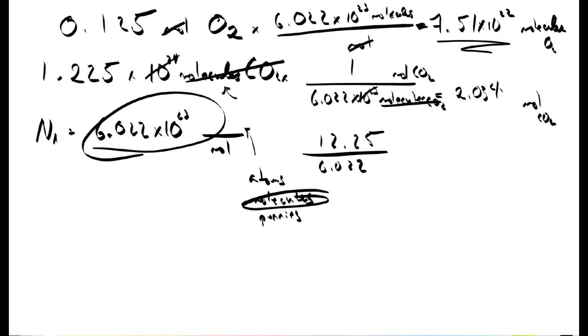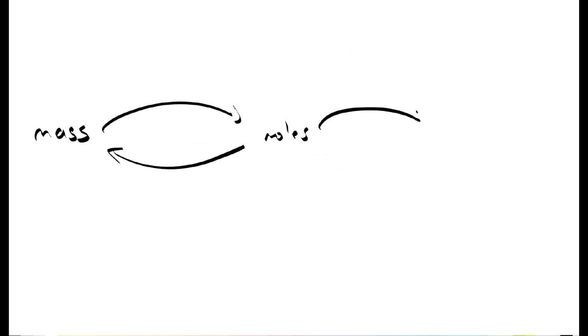All right, so to make it a little bit more explicit for the visual learners among you, so mass to moles, moles to and from items. So moles to items is Avogadro's number. Moles to mass is the formula mass.